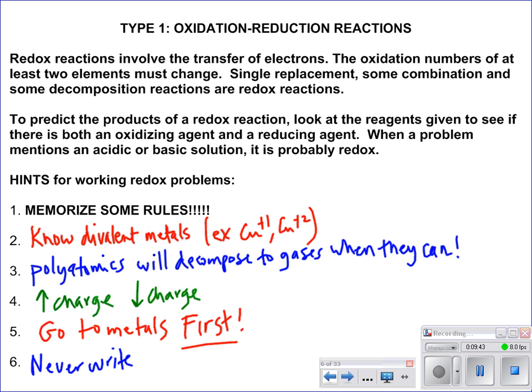Because it's a spectator. Now the only group 1, and then I'm going to say ion here. There's going to be cases where it says sodium chloride solid is added. If they say that in the problem, you're putting in NaCl solid, so you would include it. It's only when they're saying a solution that you have ions. So I'm going to write here unless in solid form.